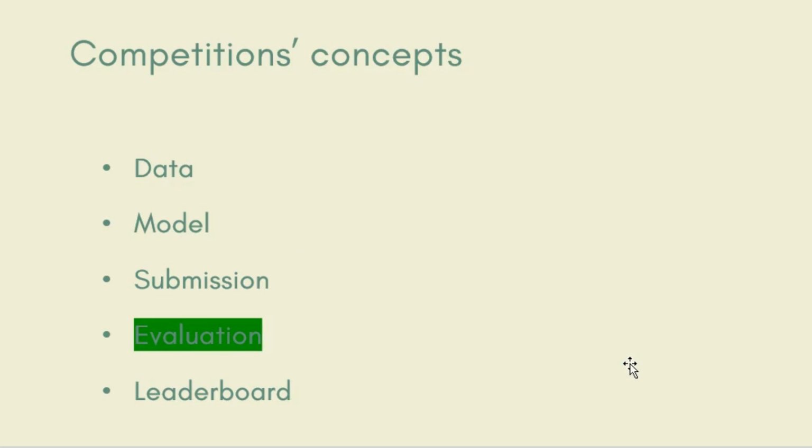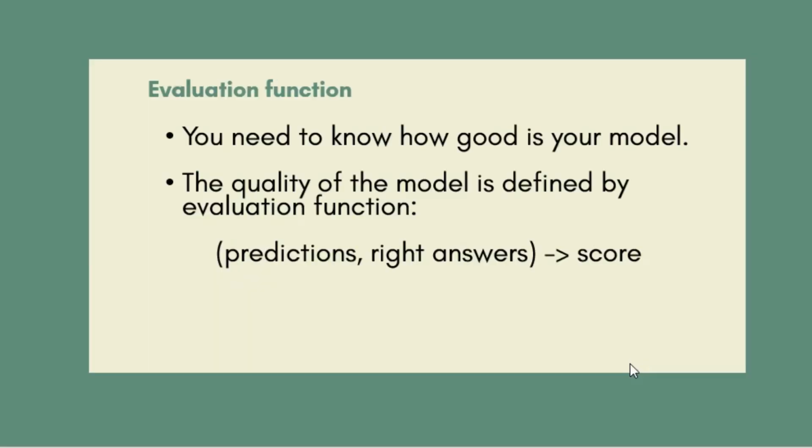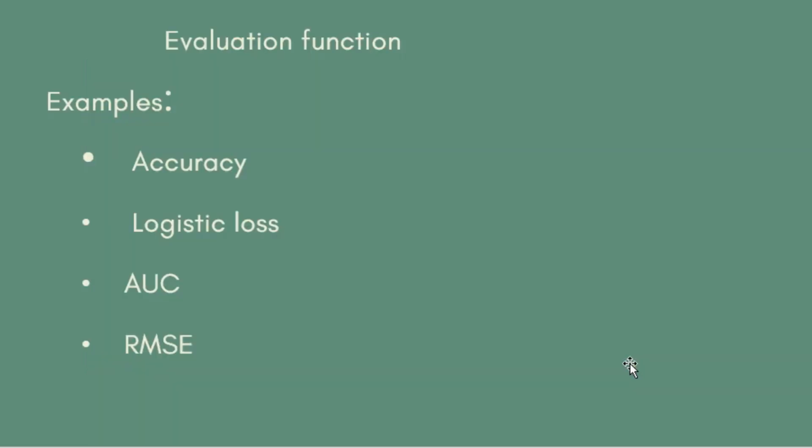When you submit predictions, you need to know how good your model is. The quality of the model is defined by the evaluation function. In essence, the function takes predictions and the correct answers and returns a score characterizing the performance of the solution. The simplest example of such a function is the accuracy score, which is just the rate of correct answers.